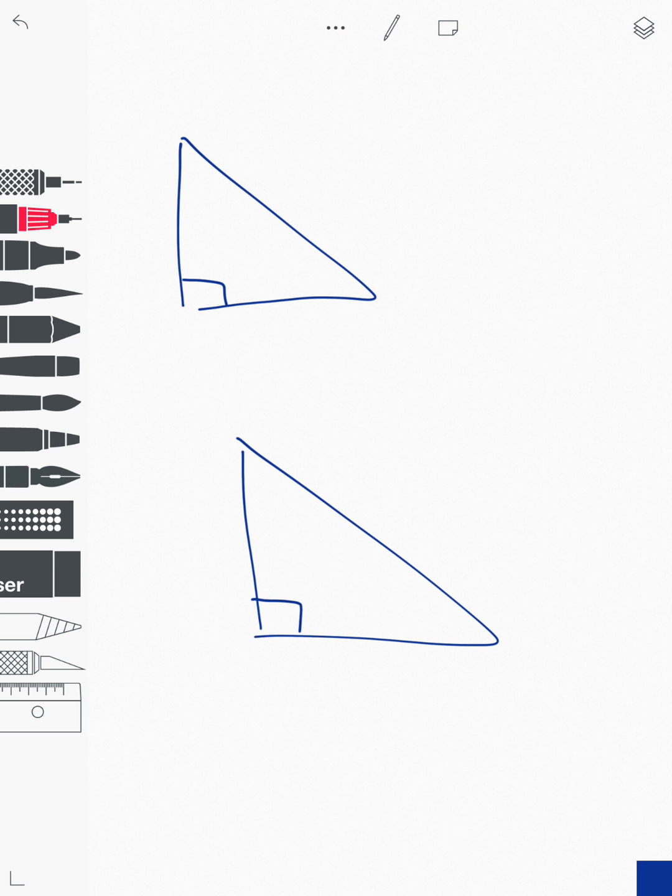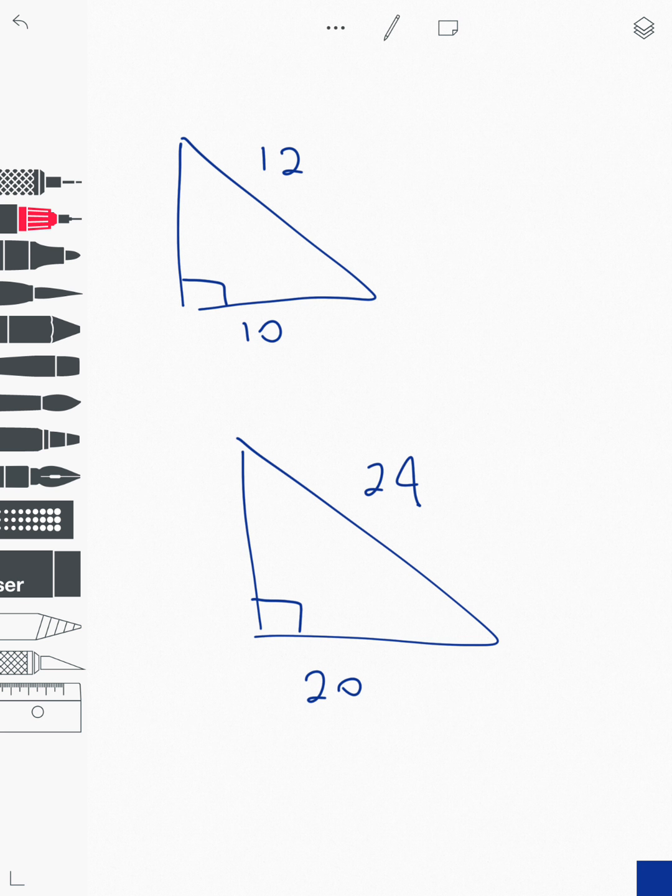Let's go through test 4 once more. If the hypotenuse and a second side of a right angled triangle are proportional to the hypotenuse and a second side of another right angled triangle, then the two triangles are similar. So let's give an example of this. Let's state that this hypotenuse is 12 and this side here is 10 and this is 20 and 24.